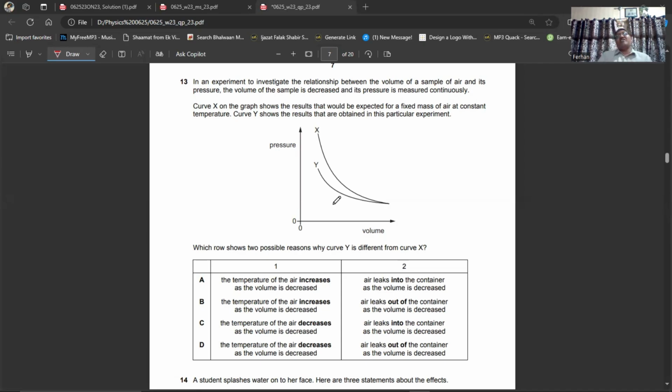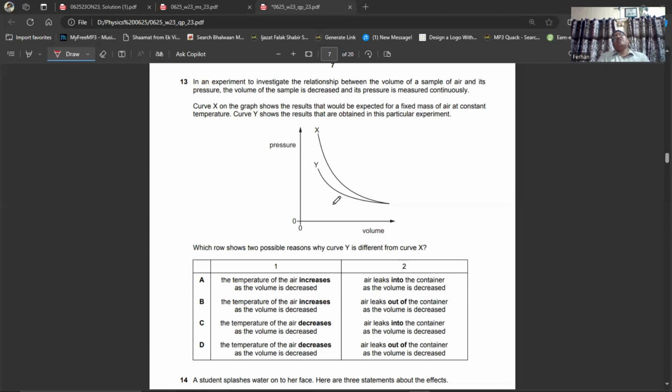That means the temperature has not increased, or it might be that the temperature has actually decreased. Because if the temperature increases, the pressure would increase. Here the pressure has not increased that much, which was expected.